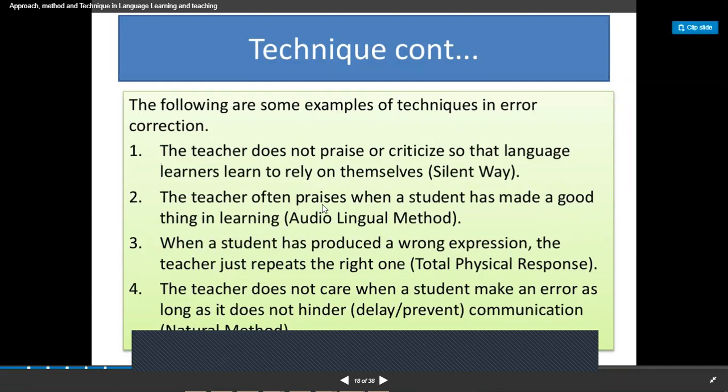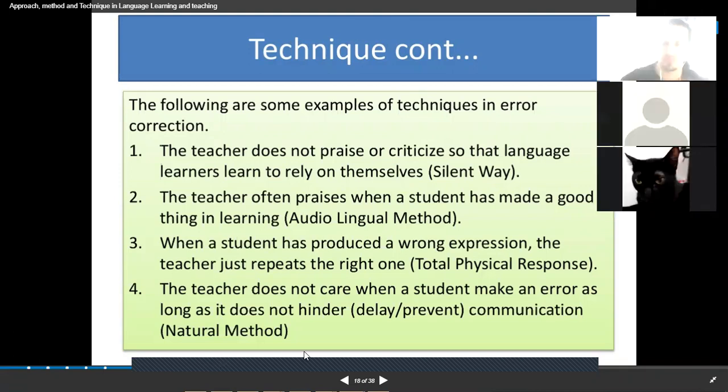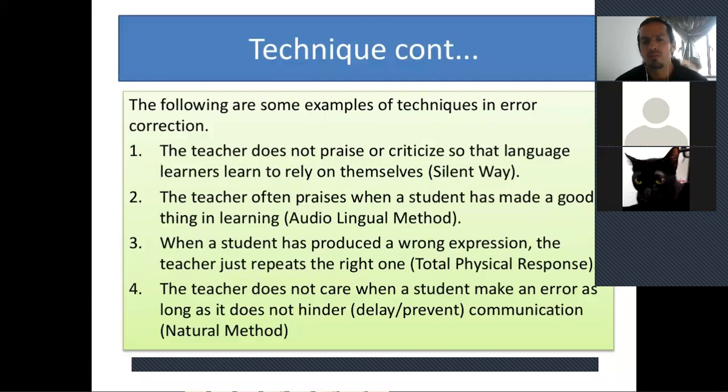So we have to take into account some aspects, such as the type of error, if it is an error or a mistake. Very good.